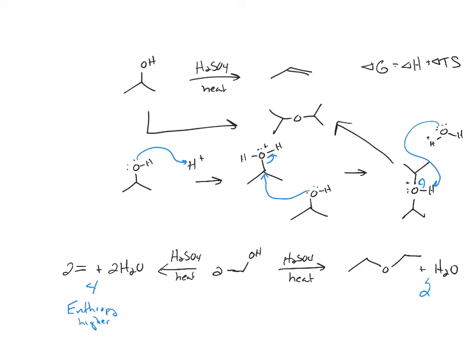So we can control this. Under 140 degrees Celsius we get mostly the ether, so we favor the ether product. Over 180 degrees Celsius we get the alkenes. And in between there, we're going to get a mixture of products. So we can actually control this, depending if we want the ethers or the alkenes.